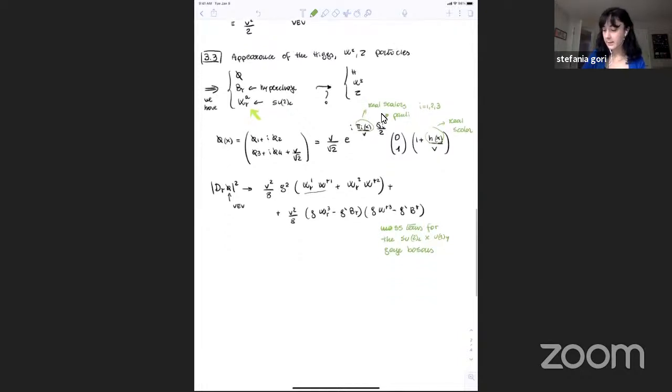Notice that you have these combinations here, right? So you see that you're mixing the gauge boson corresponding to the third component of the SU2 isospin, and the gauge boson corresponding to the hypercharge.